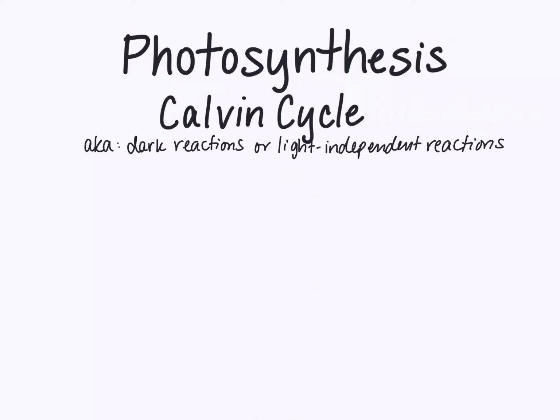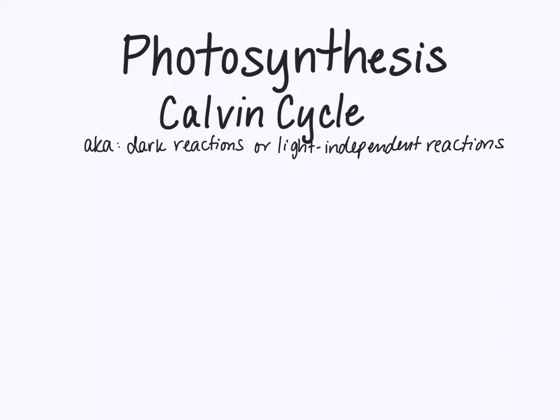light, but that doesn't mean that they only occur in the dark. They can actually occur in the dark or they can occur when the light is shining as well. They're also not totally independent of light because even though light is not directly required for the reactions of the Calvin cycle, we do need the products from the light reactions in order for the Calvin cycle to occur.